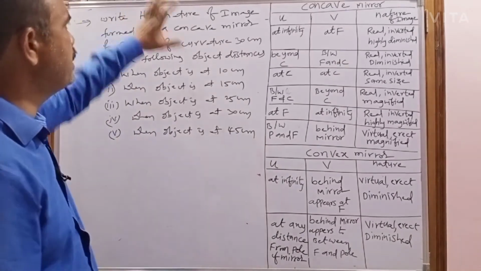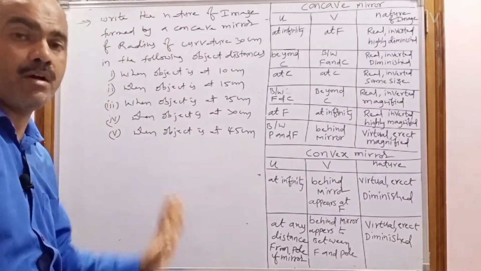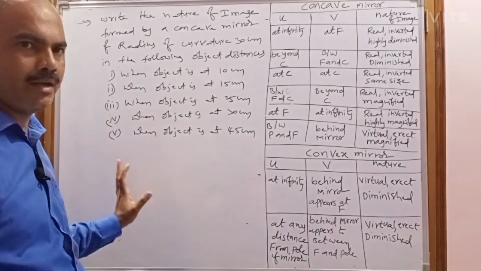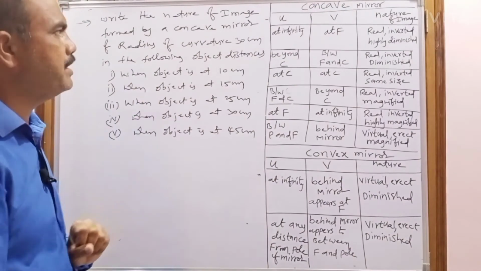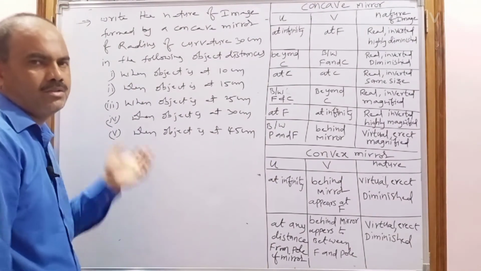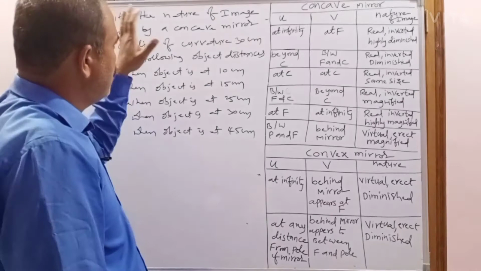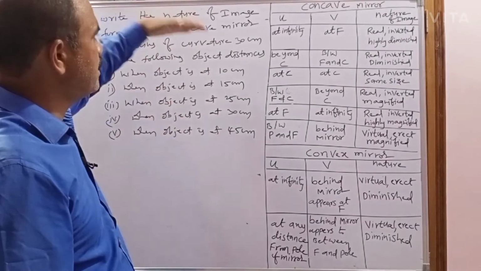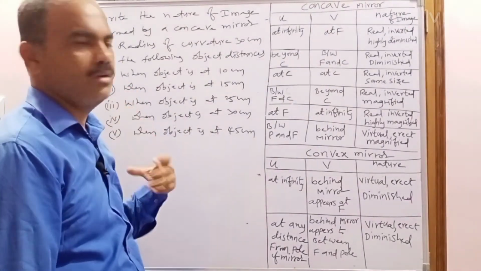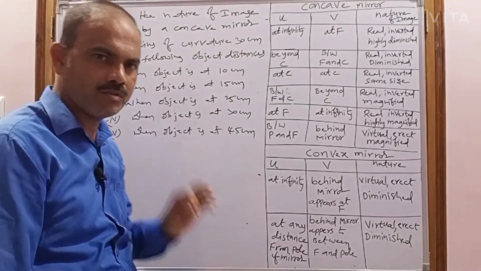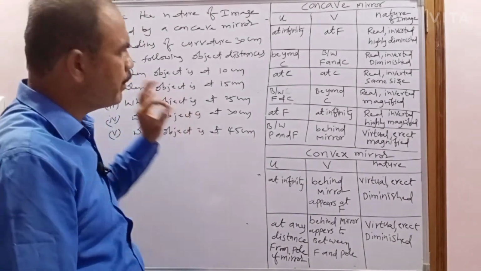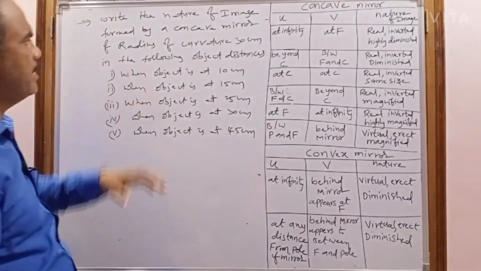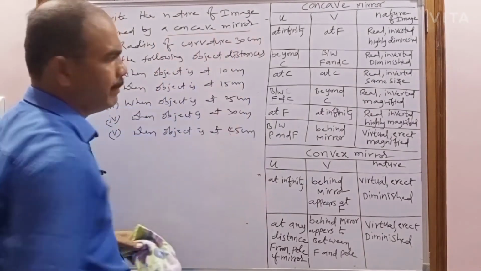So how can you write the nature? Sometimes they also ask for the diagram. Draw the diagram. How can you draw the diagram, and how can you guess the nature of the image? First of all, to say the nature of the image, what do you have to notice in the problem? First, identify whether the problem is related to a concave mirror or a convex mirror. Now it is related to a concave mirror.